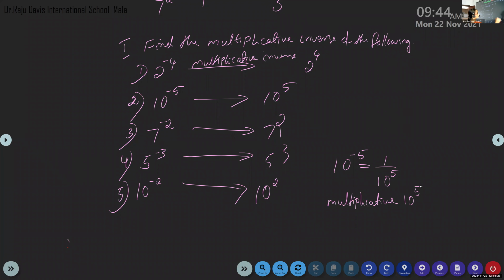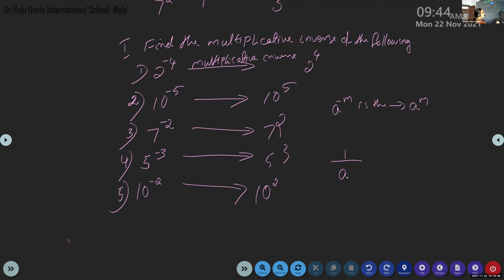Change the sign. We have studied that a raised to minus m is the multiplicative inverse of a raised to m. The law is 1 by a raised to m is equal to a raised to minus m. They are equal, not another term. Gopika, clear? Okay.